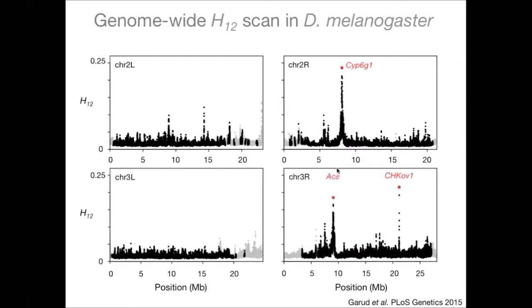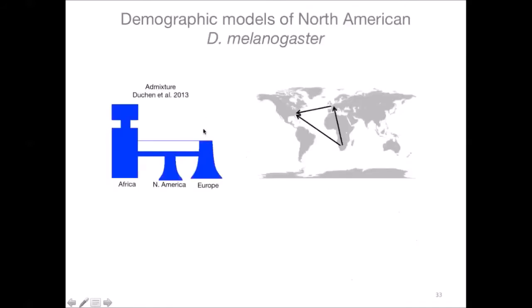Well, it turns out that the three most prominent peaks are our three positive controls, which was very exciting for us because it meant that our method could detect soft sweeps, but moreover, it could detect soft sweeps arising from standing genetic variation and also de novo mutations. What about the rest of these peaks? So first, we wanted to rule out the fact that demography could play a role here.